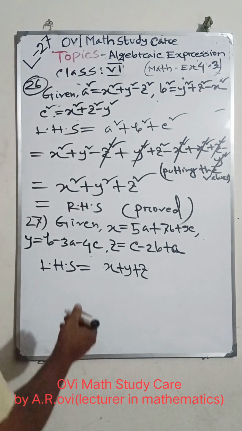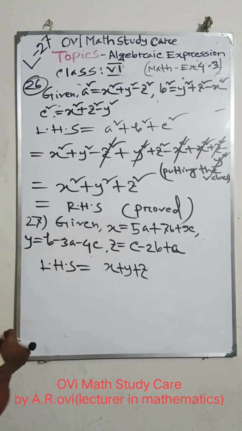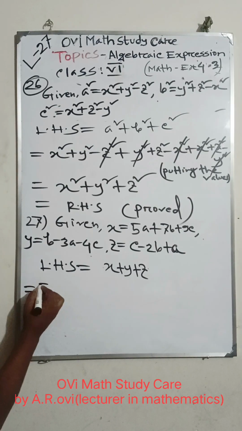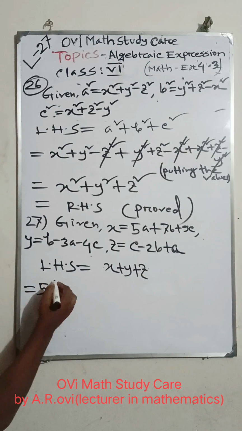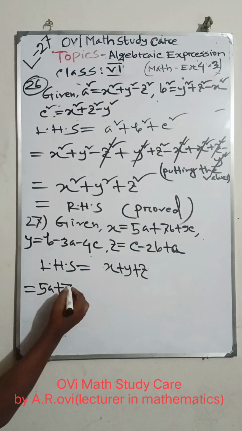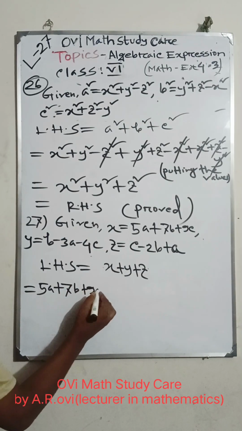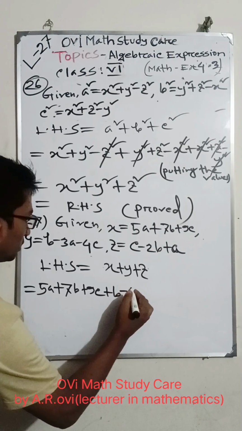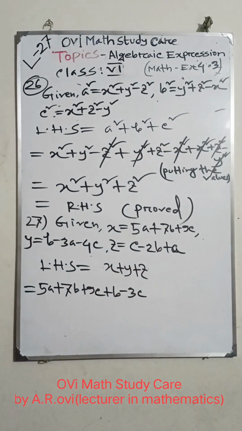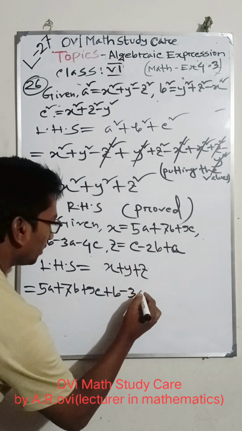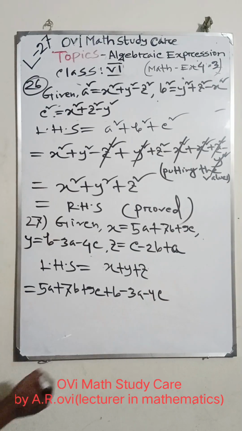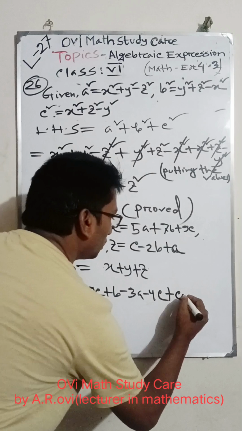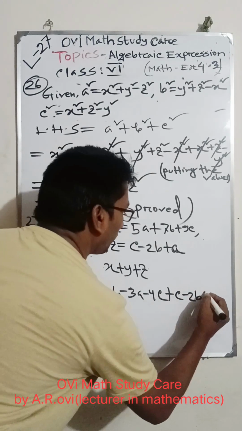So putting the values of x, y, z: here x equals 5a plus 7b plus 9c. Putting the value of y, b minus thrice a minus 4c. Putting the value of z, c minus twice b plus a.